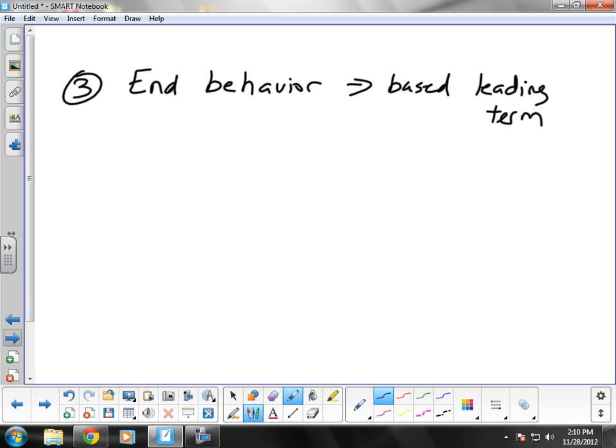So when we get a polynomial and we look at this, we are just looking at that leading term. I like to organize it this way. On the leading term, or the degree of the polynomial, remember we called that n a while ago. N was the degree of the polynomial, right? That's the exponent.